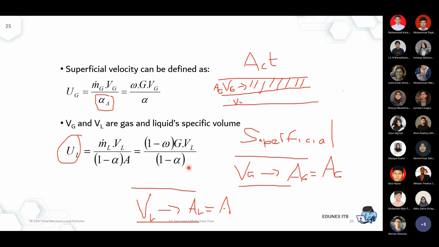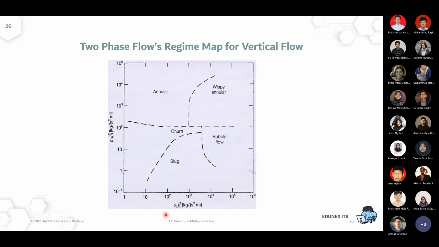And same thing when we calculate the superficial velocity for the liquid, we assume that all the area is used to flow the liquid.